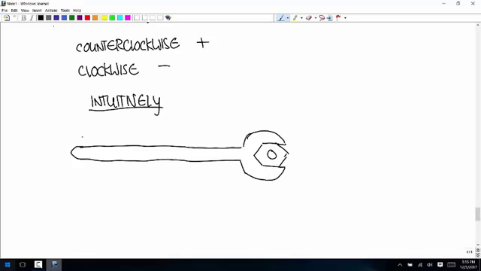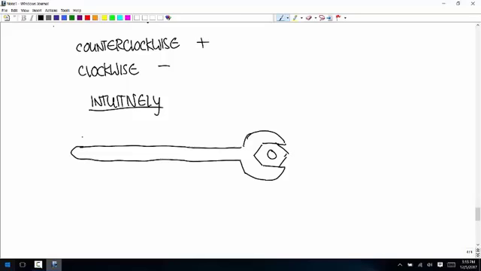If you applied it right here, you could apply a million newtons of force. It would never make this thing turn. All it would do is eventually rip the bolt off the wall. Apply it here, you get an intermediate result. If you apply 100 newtons here, that's what's most likely to cause that to rotate.